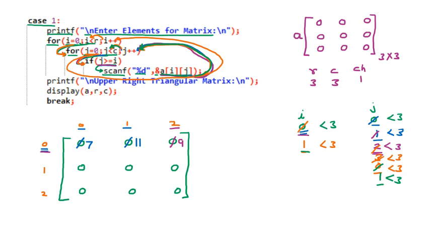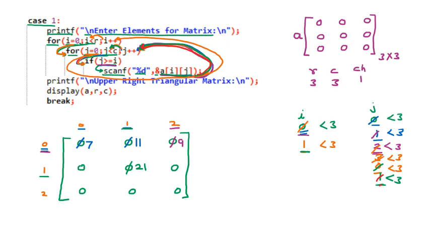Now they are asking for a[1][1]. For a[1][1] we are taking this number and replacing the value. Let us suppose the user has entered 21. So this is replaced.